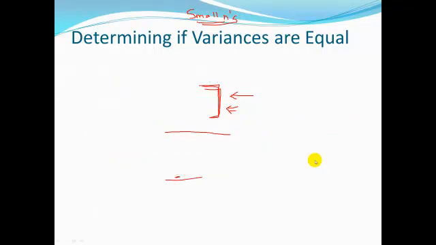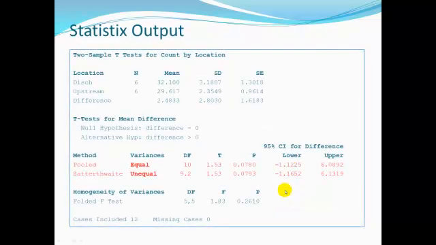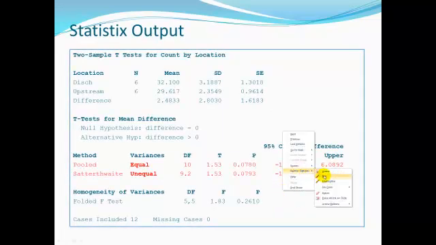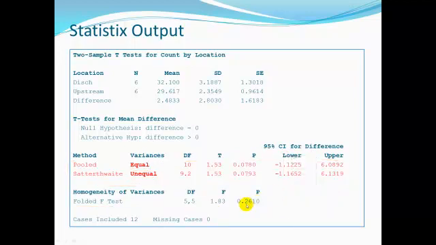So let me go back to that printout again. I got a lot of marks on this printout. All right, so I'm going to do it this way. You start here. When you have small samples, you look here and you see samples of size 6.